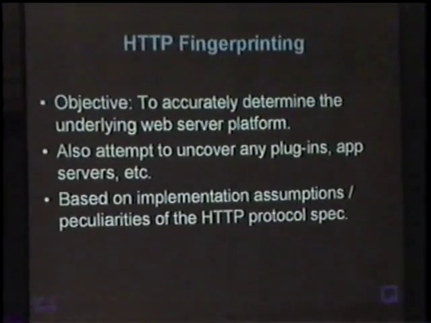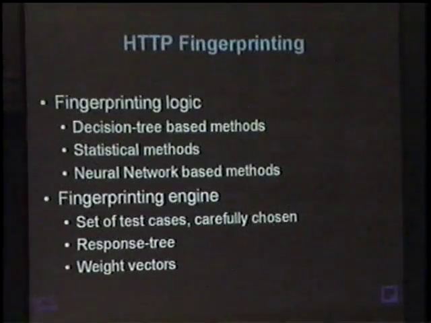The whole theory is based upon what people assume when implementing HTTP specs. In some areas the HTTP spec is not very well defined, so Microsoft's response to a particular request may not be the same as Apache's response, and vice versa. It's pretty much the same as OS fingerprinting. Some areas of the IP protocol stack, as far as responses, are not well defined, and that is why people use it and are successful in identifying operating systems.